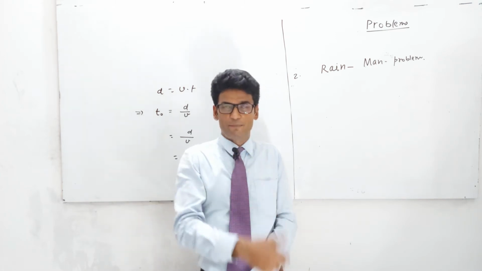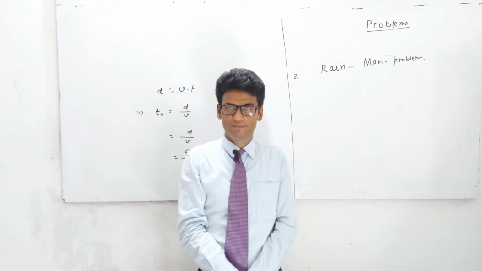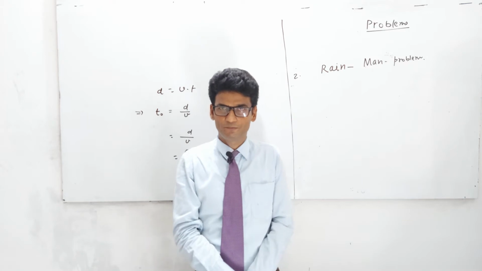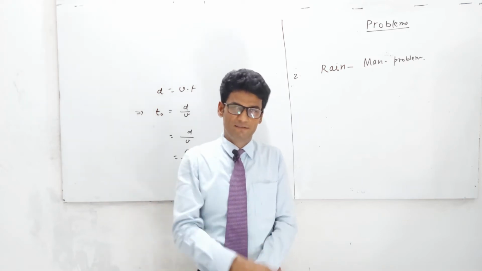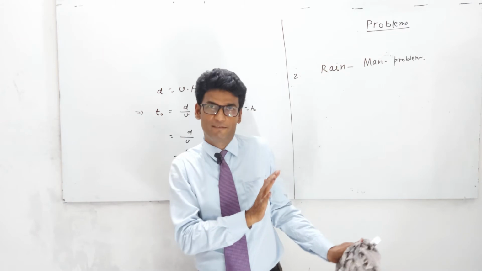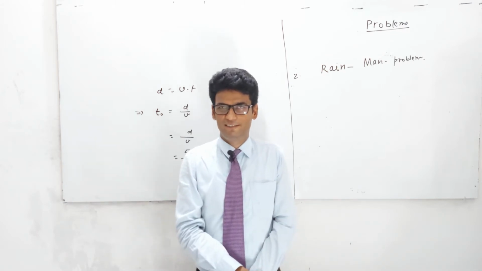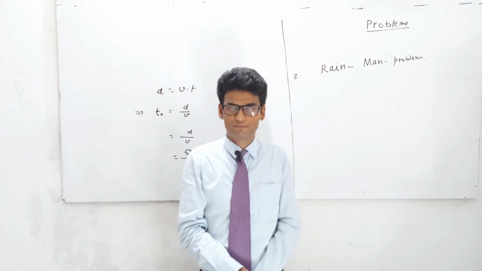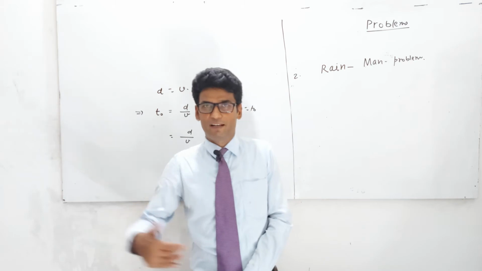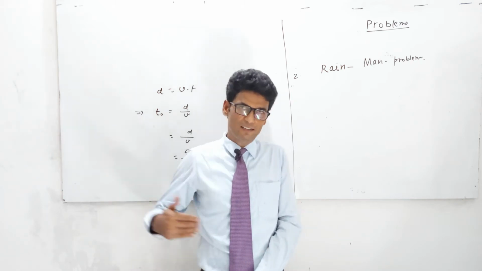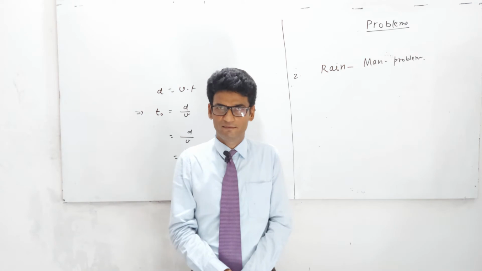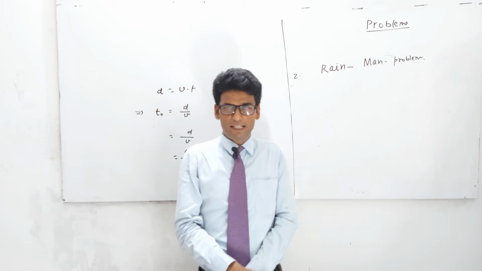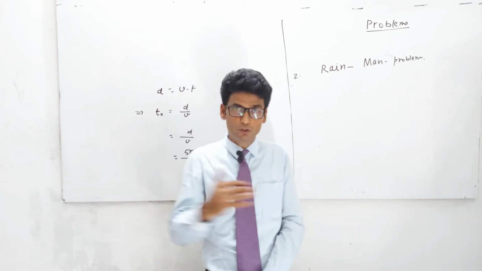He holds his umbrella at an angle of 30 degrees with the vertical to protect himself from the rain, because he wants to protect himself. And after some time, he throws his umbrella and starts running in a straight line on a horizontal road.